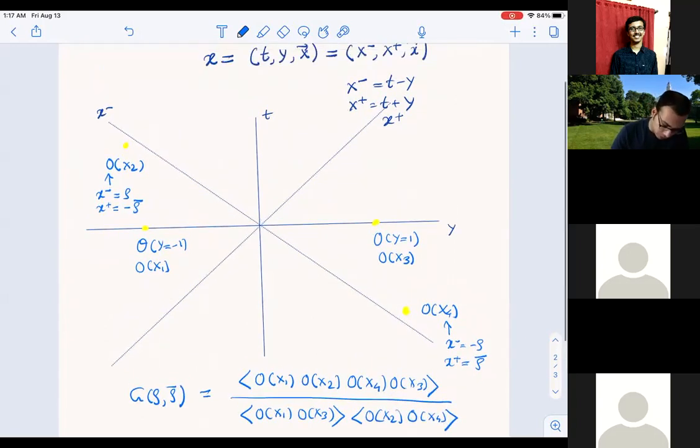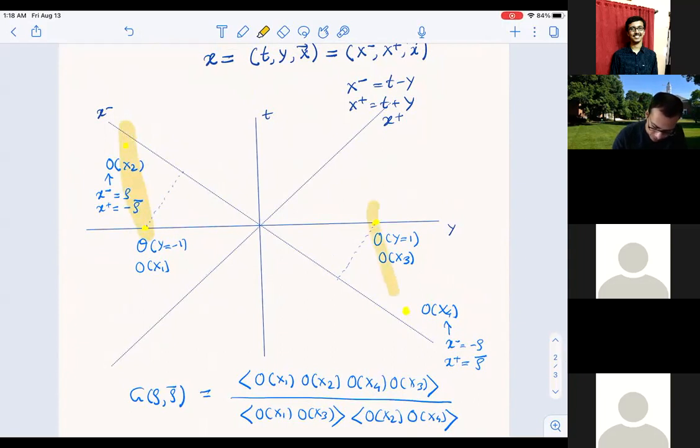Let me note one more thing. So this is the light cone of the two operators on the y-axis. Just to note, these two operators are time-like separated.